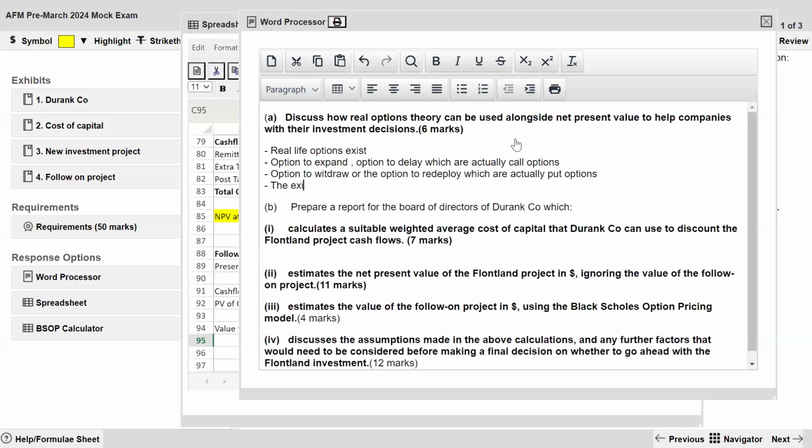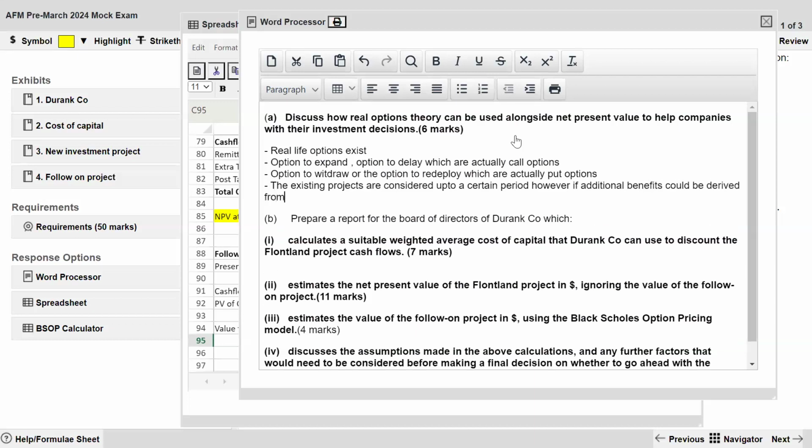The existing projects are considered up to a certain period. However, if additional benefits could be derived from those projects, then such benefits are to be considered.